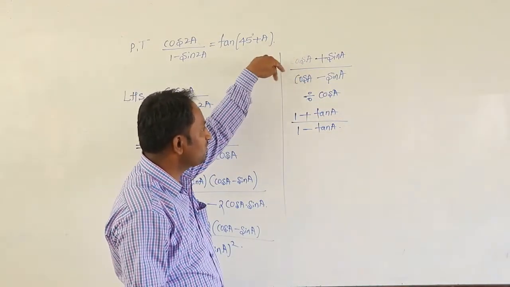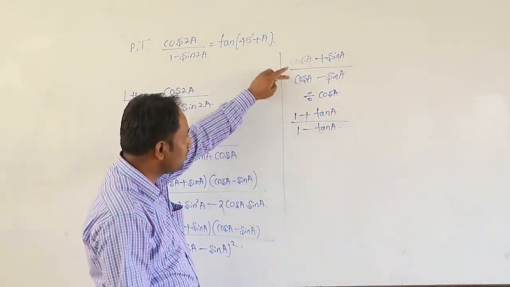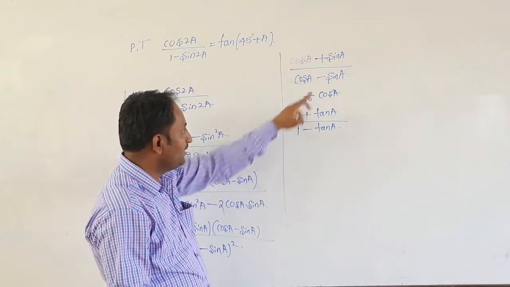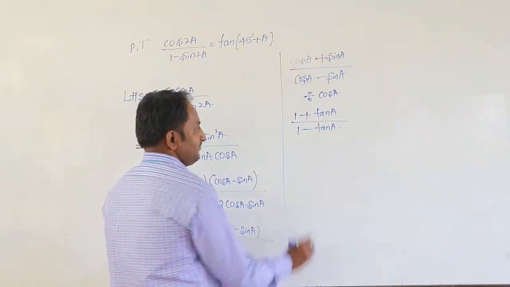Here cos A gets cancelled, sin A divided by cos A is tan A.